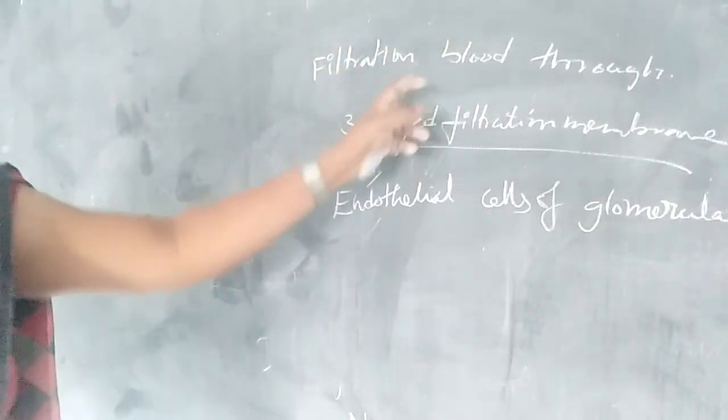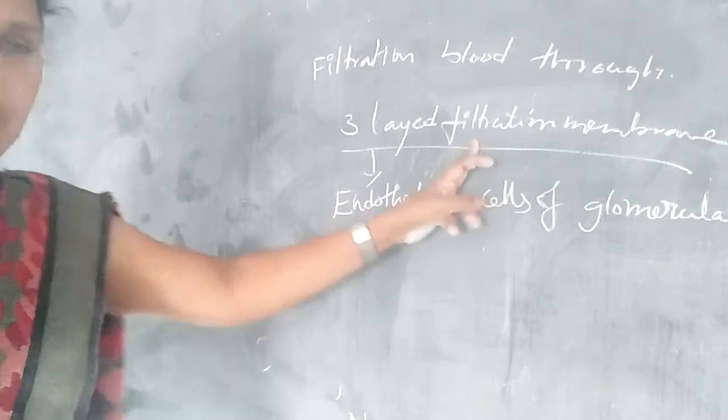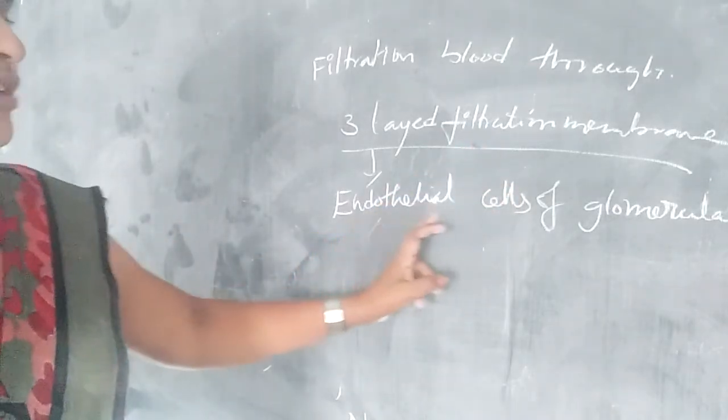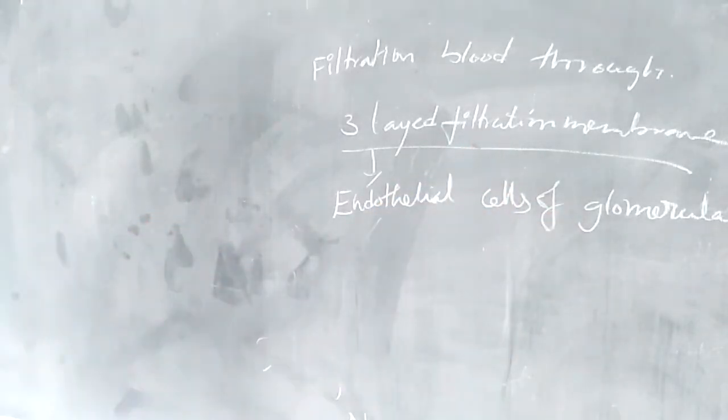So the blood is filtered through the three-layer filtration membrane, and the first layer is formed by the endothelial cells of the glomerular capillary.